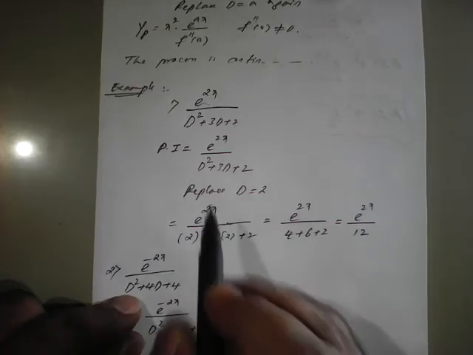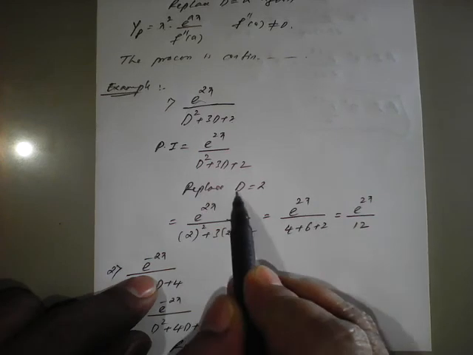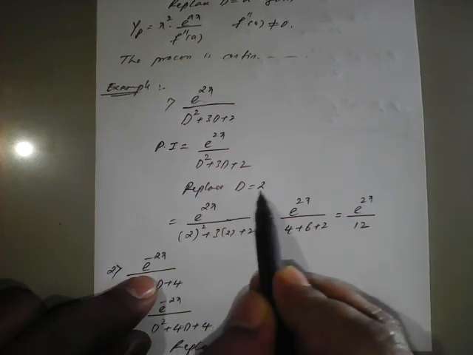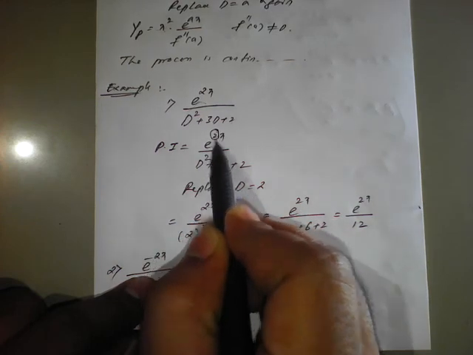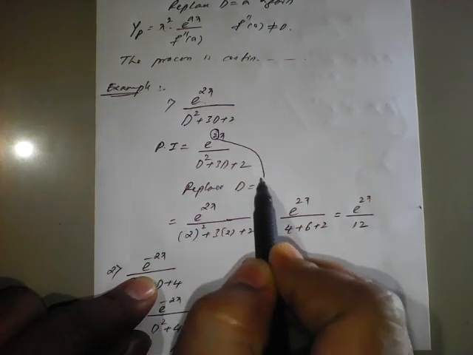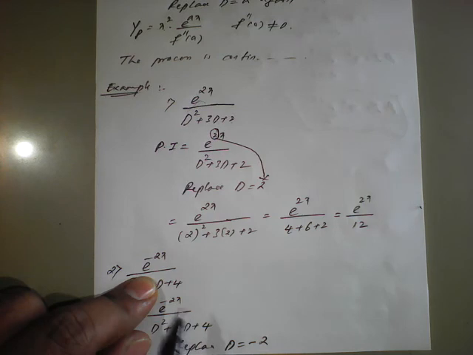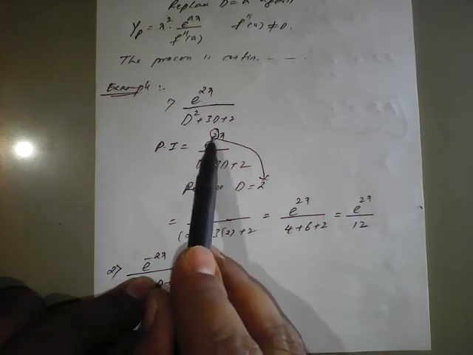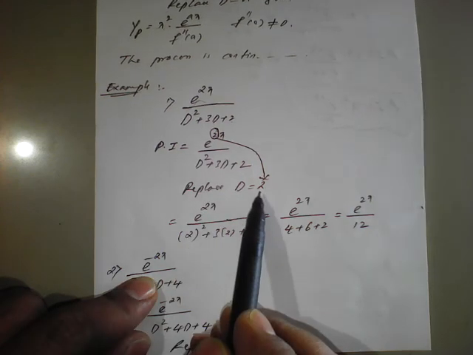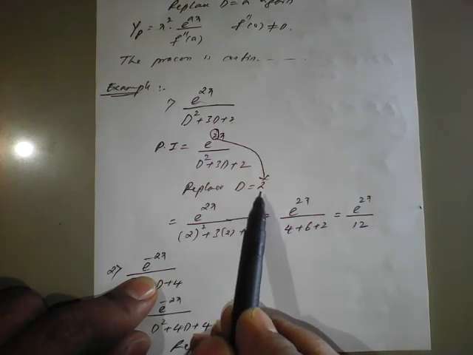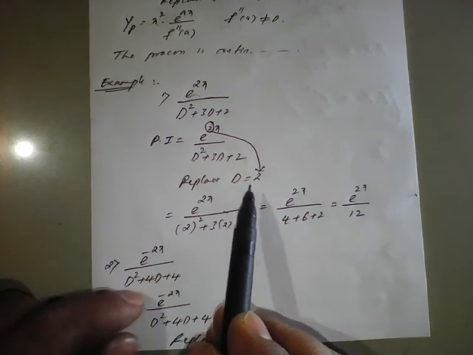Now as per the rule, the value of D is 2. Remember where I have taken this 2 from? 2 is the coefficient of x. Understood? This may be positive, this may be negative, whatever the coefficient of x is, we have to take that as the D value.